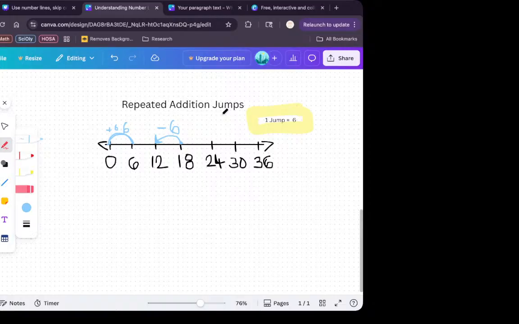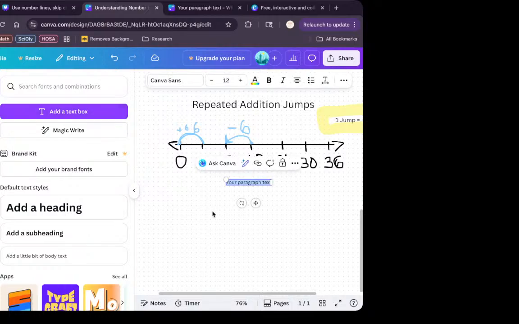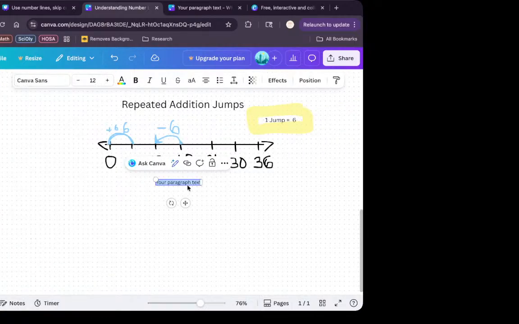And we can prove that because, let me type this. 6, okay, 0 plus 6. Let me make this larger.